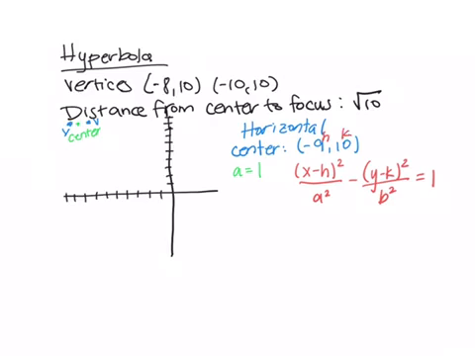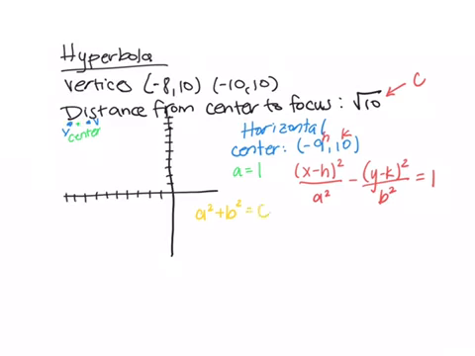But then we're also given this piece of information that the distance from the center to a focus is the square root of 10. So the distance from center to focus, just like it was for an ellipse, that is C. So really, they have just provided us with C. We have A, which means we do have the ability to find B. For a hyperbola, you are using the Pythagorean theorem, so you are using a squared plus b squared equals c squared.